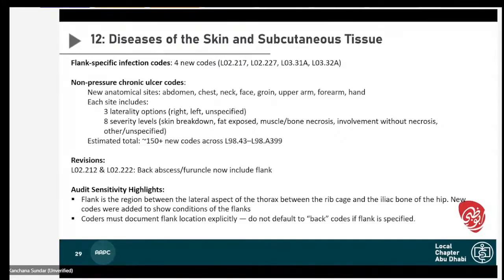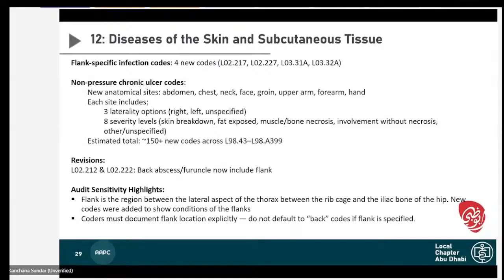So the flank is a new site which has been introduced in most of the chapters. And when flank is introduced to skin and subcutaneous, you can imagine how many codes it can give us. So that is why we have so many inclusions, 116 codes included in skin and subcutaneous tissues, because a new anatomical site is introduced and laterality is introduced and level is introduced. So that is the reason we have a huge change with skin and subcutaneous tissue.